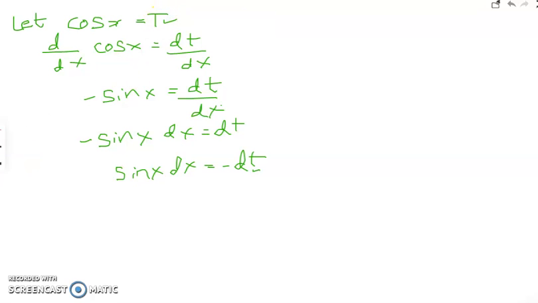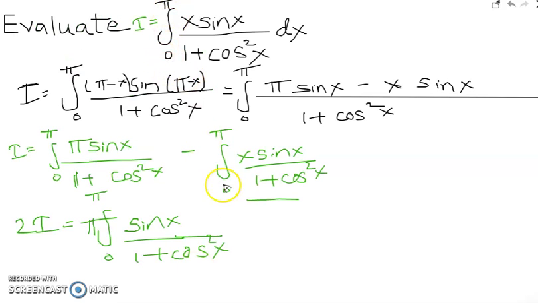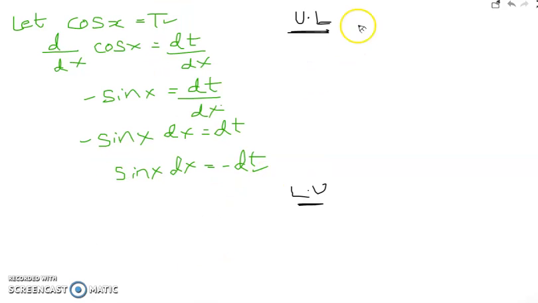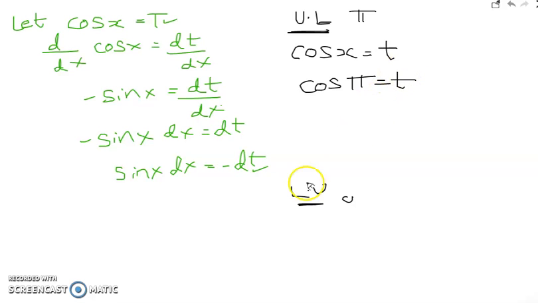Now let's do the upper and lower limits. What is the upper limit and what is the lower limit? Here it was pi and here it was 0. What have we taken? Cos x is equal to t we have taken, no? In the place of x, just keep the upper limit. Cos pi is equal to t. The value of cos pi, we have seen, no?